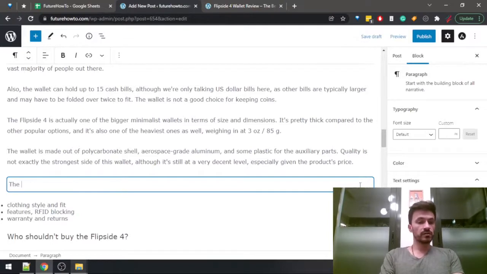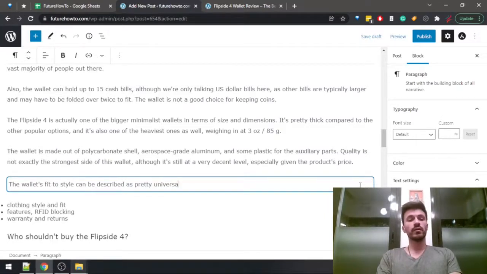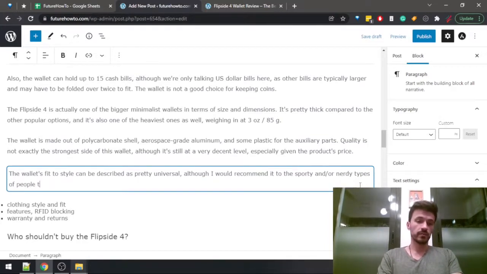The wallet's fit to style can be described as pretty universal, although I would recommend it to the sporty and or nerdy types of people the most.